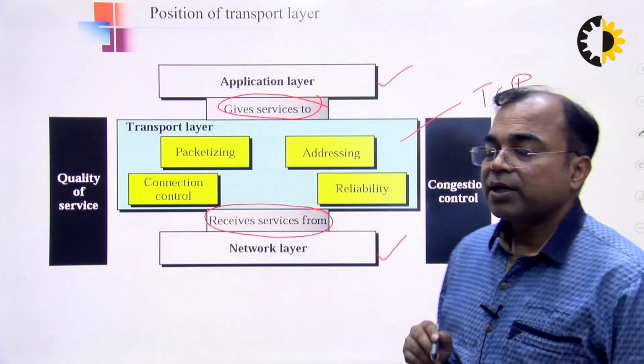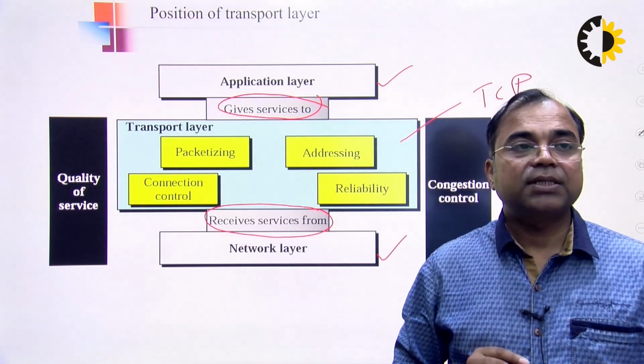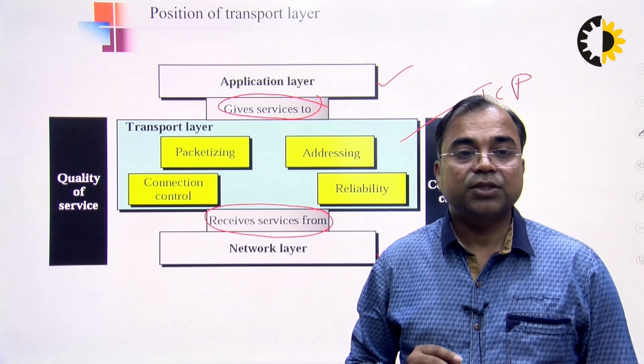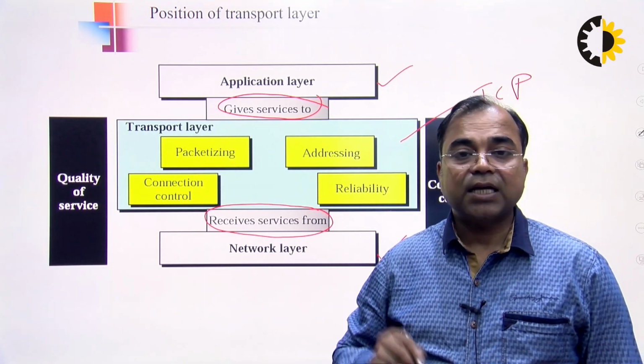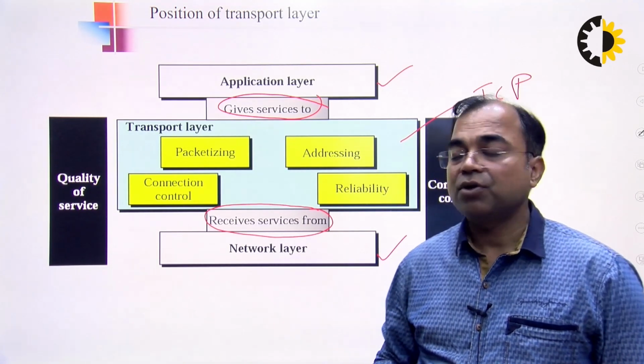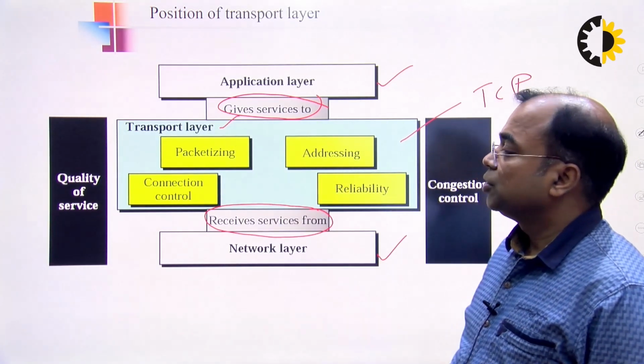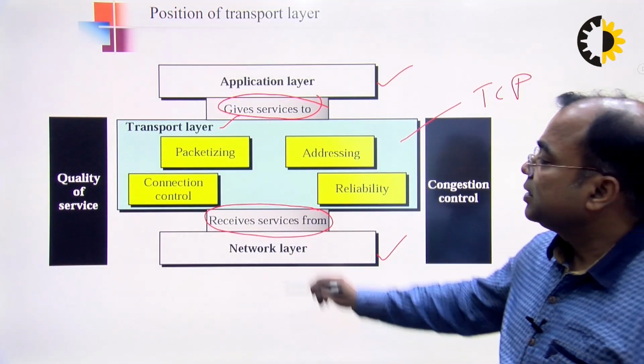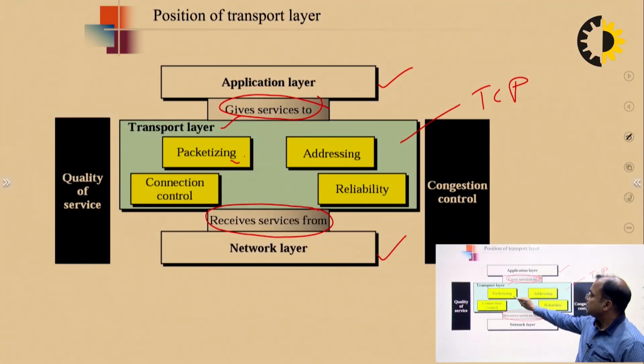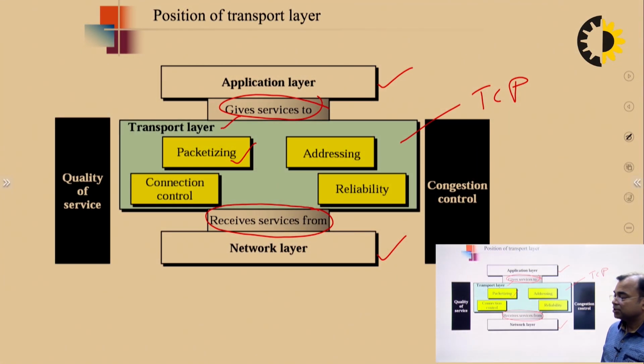Now, talking about the services it provides: what work is done on the packet coming from the network layer in this transport layer? This layer is responsible for packaging of the data, so that it is packaged for sending over the network. Addressing is also done in this layer.